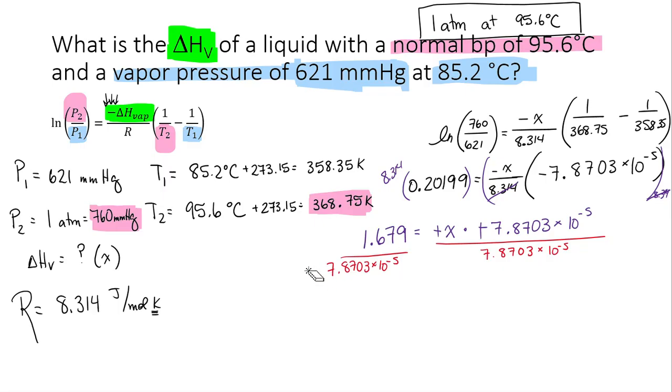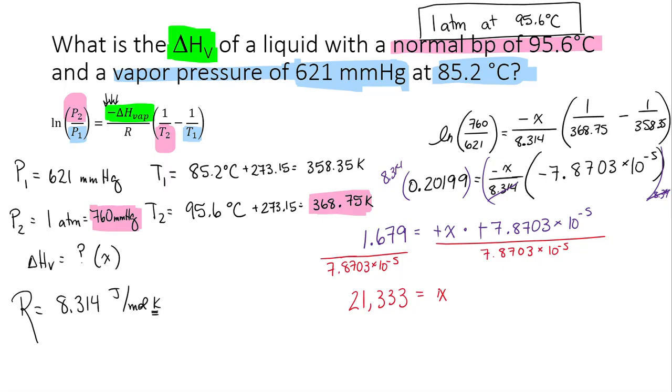Oh, I don't think that was right. I'm just dividing it by the total because positive and a positive. So I'm just dividing by 7.8703 times 10 to the negative fifth. Enter. I get the right answer, 21,333 is what x equals.